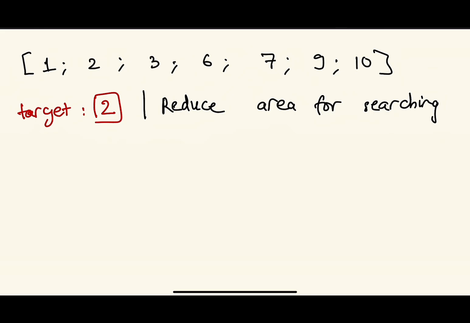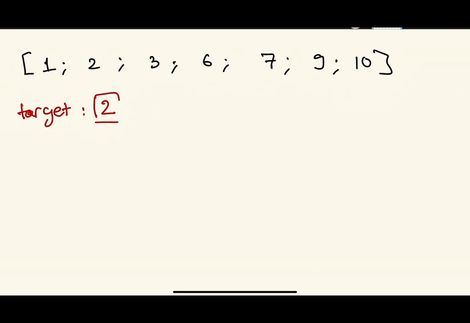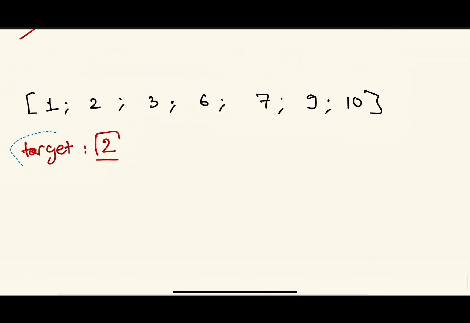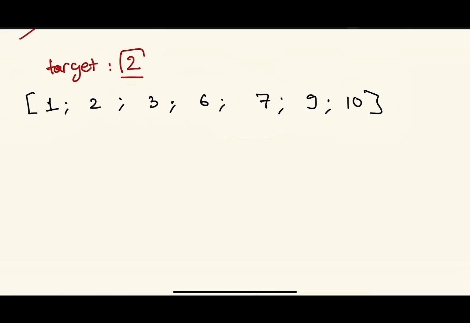You're going to use that to reduce the area for searching. Here is how you can do that. Let me bring the target up here. Let's see, you have two pointers. The first one is left at index 0. Let me also write the indices here: 1, 2, 3, 4, 5, and 6.